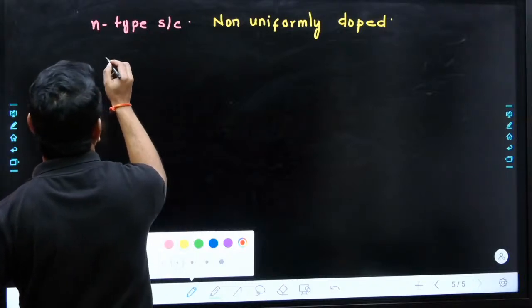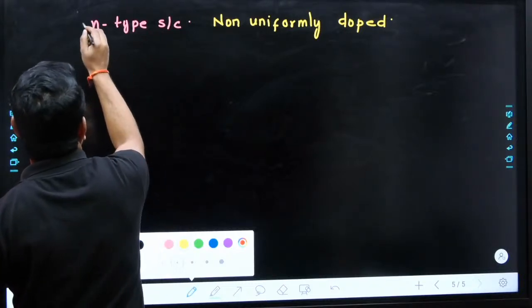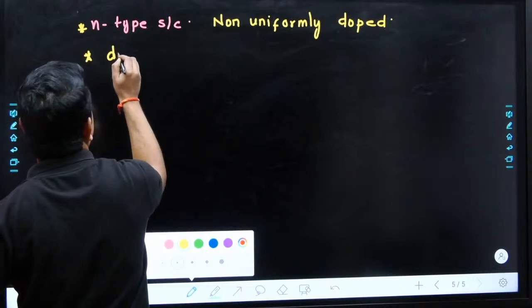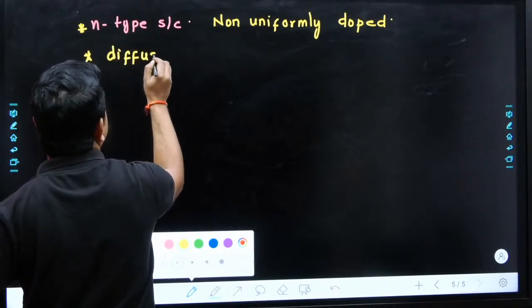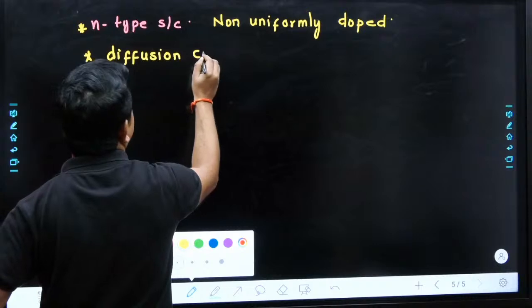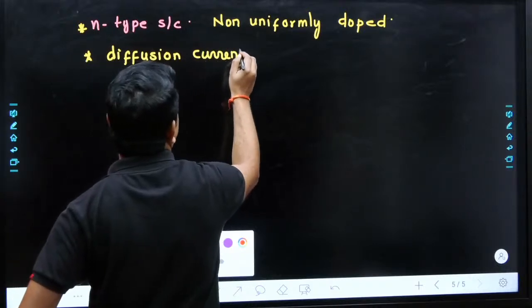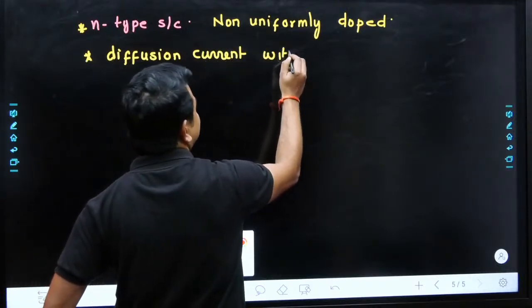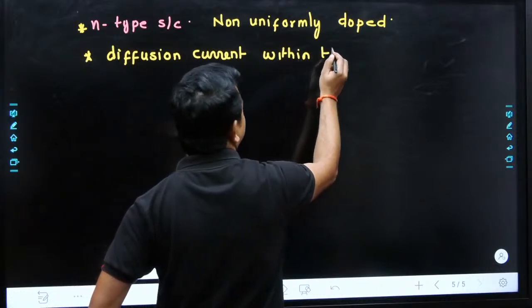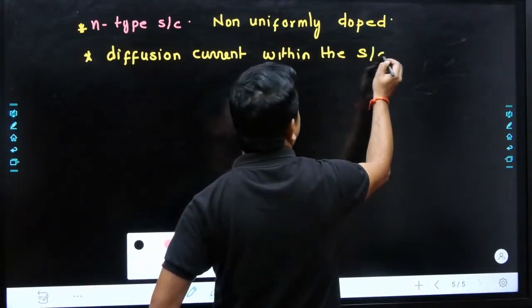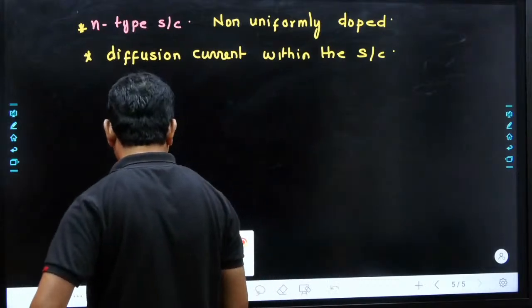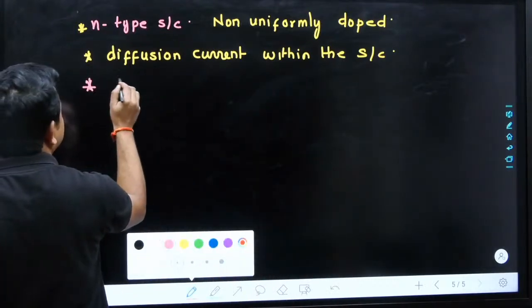We are having diffusion current within the semiconductor, and we just have to use this equation without any sign.